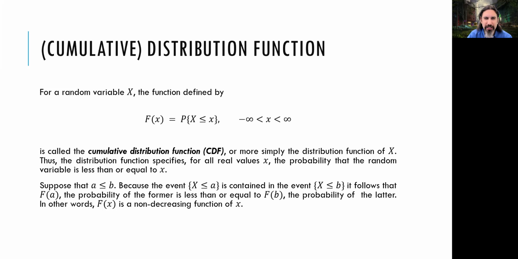This is expected because a is less than b, and F is looking for the upper limit, looking through all the probability values up to that upper limit. So if b is larger than a, then F(b) has a higher ceiling than F(a), so it might have a larger value. It doesn't have to, they might be equal as well, but it might have a larger value.